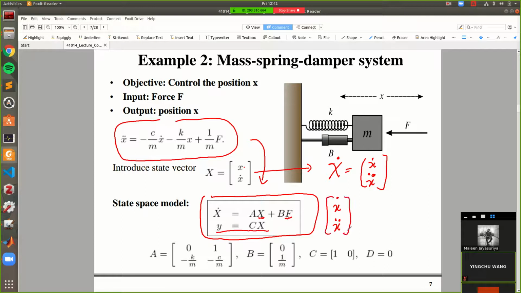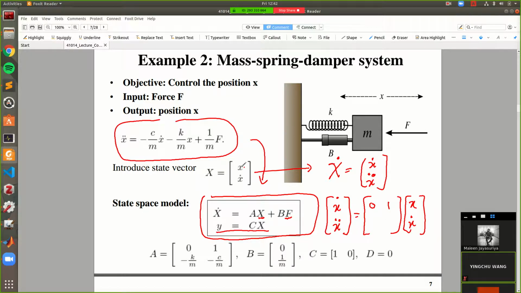If I try to put it into matrix form, these two vectors, you can see that if I put a 0 and 1 here, I will get x dot, right? So this state vector is related to its first derivative, right?